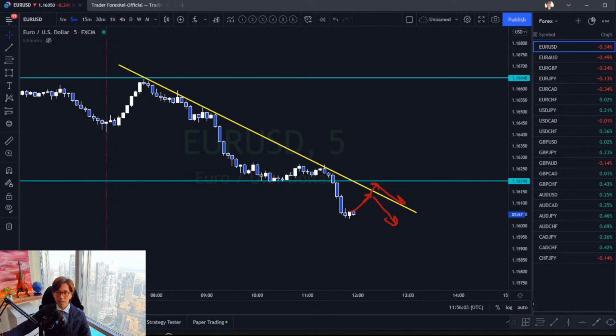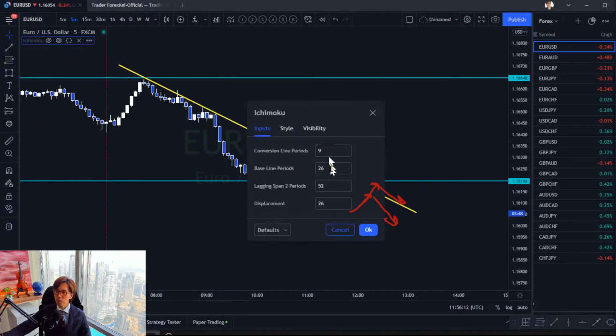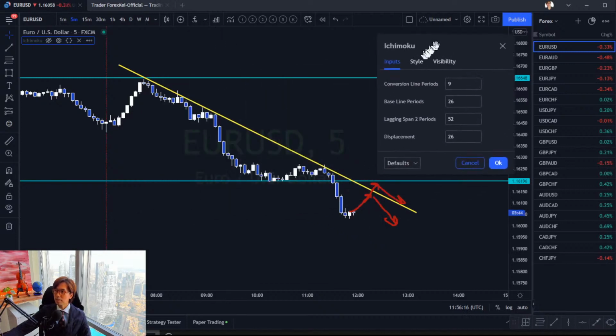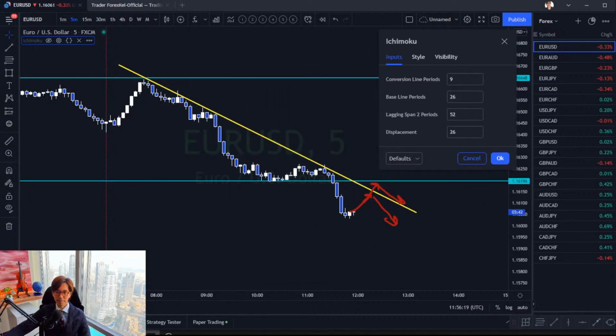All right, Lavakre says, hi Kei, can you show the setting of Ichimoku? Our setting of Ichimoku is default. This is all default Ichimoku setting, 9, 26, 52, and 26 is my Ichimoku setting here. It's just default. I never change the Ichimoku settings.